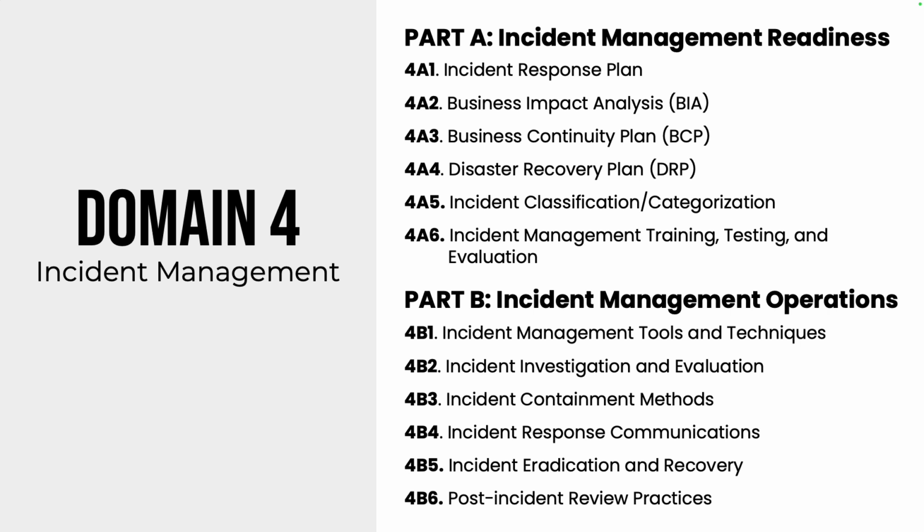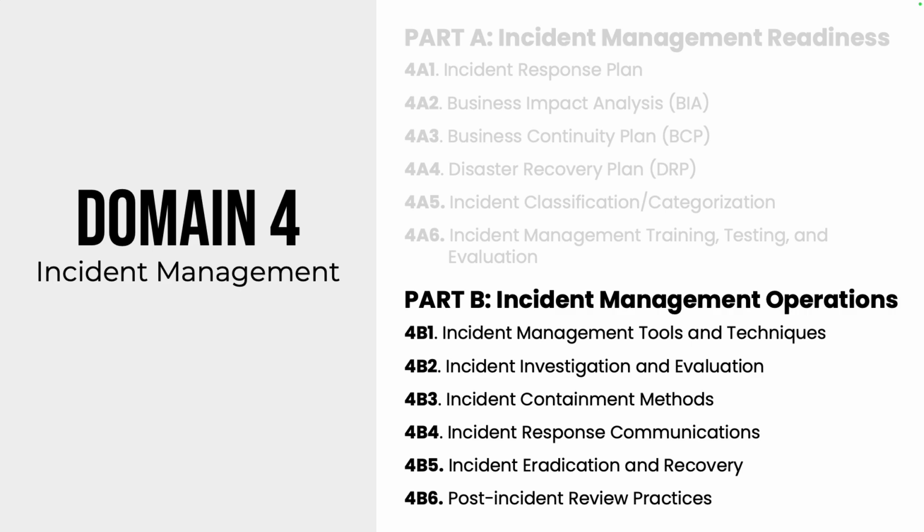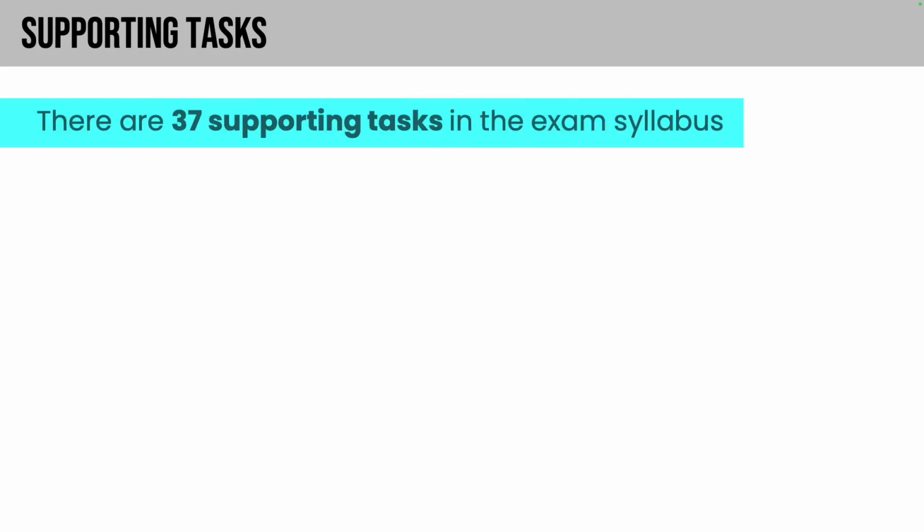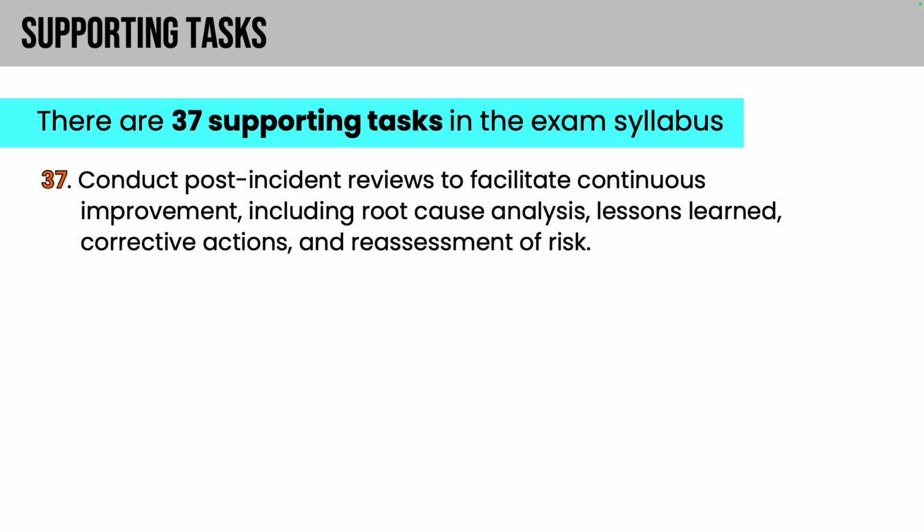And you see the same logical flows we've seen with the other domains. We have incident management readiness, where you're doing the planning and the documentation, and then incident management operations, where we are implementing what we've prepared. And while it is 6 parts, as was Part A, you'll find Part B is a bit shorter in terms of the content. And in terms of supporting tasks, there's one of the 37 left, and it is number 37.